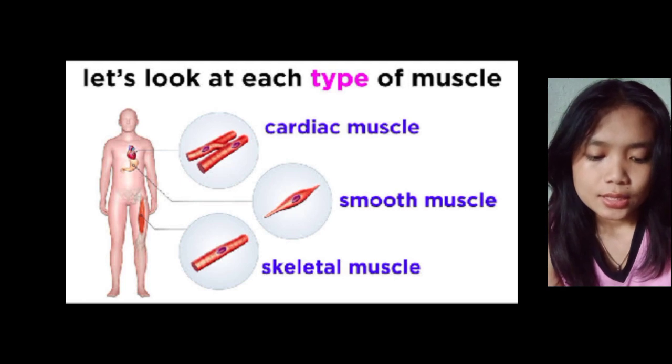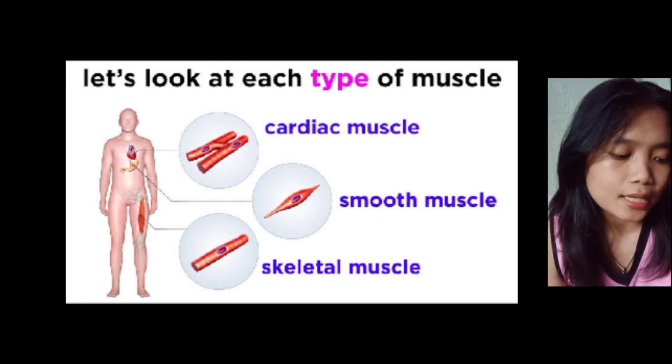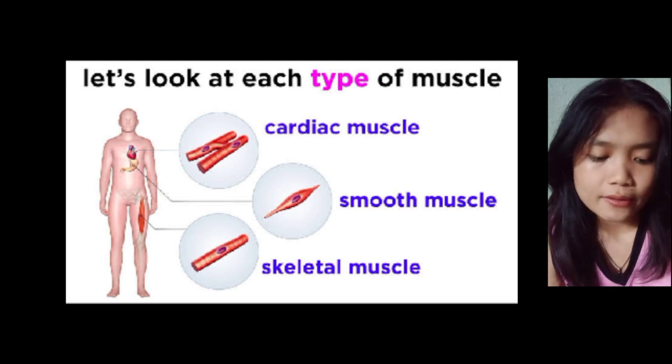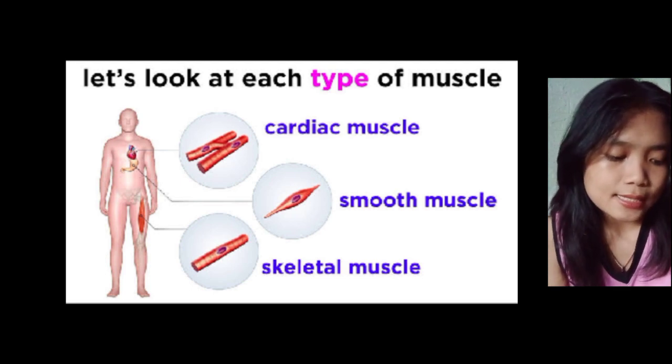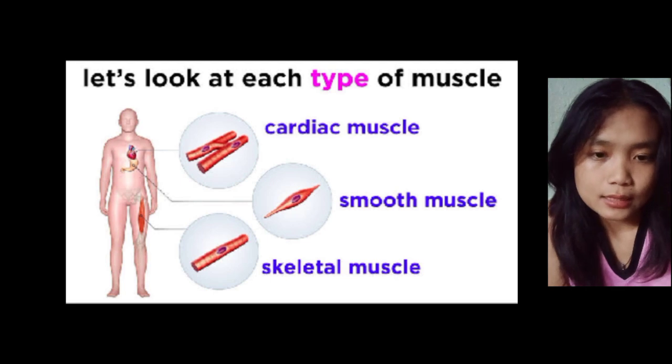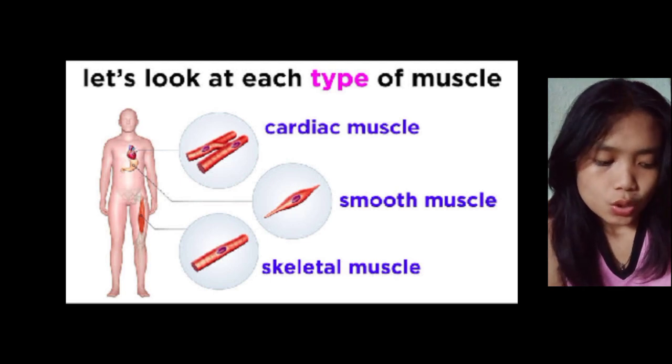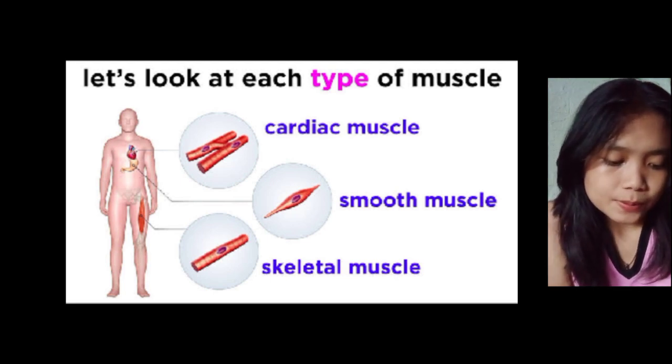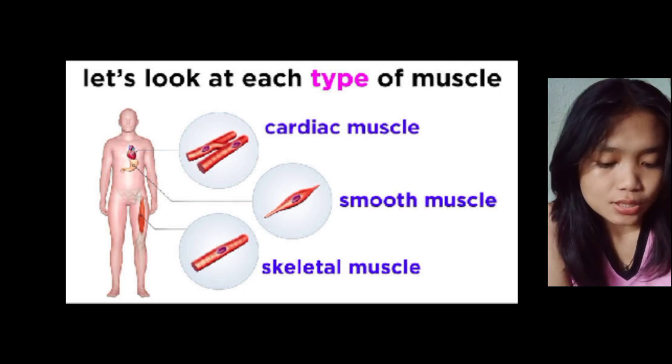So the smooth muscle is present throughout the body, where it serves a variety of functions. It is in the stomach and intestine, where it helps with digestion and nutrient collection.